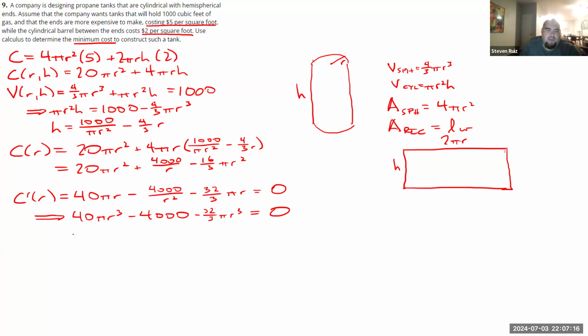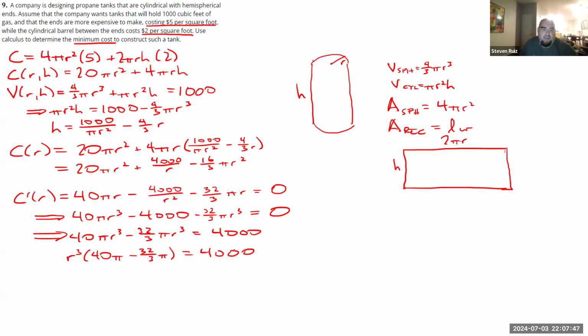Now I can start moving things around. I'm going to move the 4,000 over. So 40 pi r cubed minus 32/3 pi r cubed equals 4,000. I am going to factor out an r cubed. So I get 40 pi minus 32/3 pi equals 4,000. Probably should have done this a long time ago, but I'm going to combine the 40 pi and 32/3.